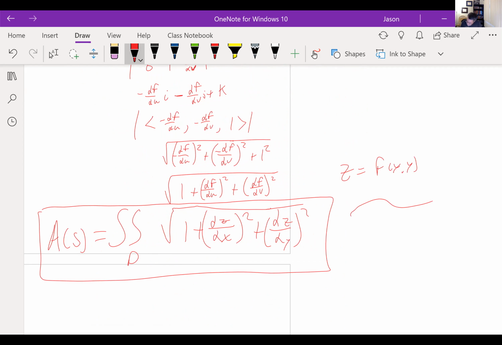So think of this like we've got some sort of sheet, and we want to find the surface area of this thing.